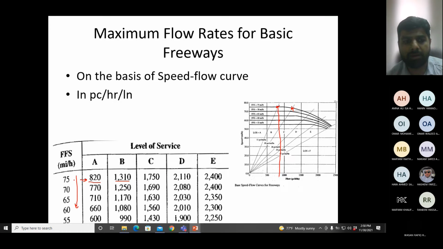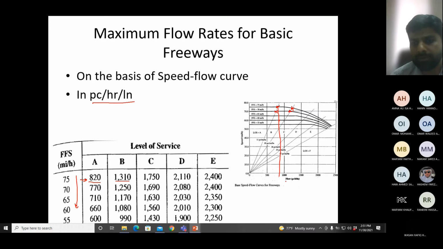If your free flow speed is 70, then you will look at the intersection point of this curve, and so on. One thing to be noted: all these service flow rates are under base conditions. So you can see the units are passenger cars per hour per lane.